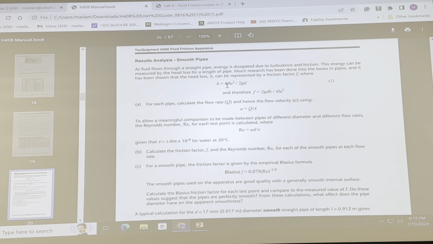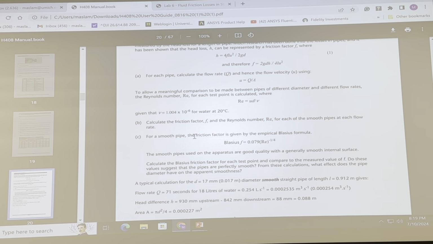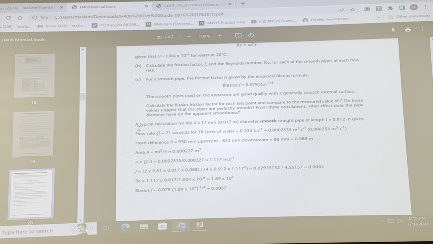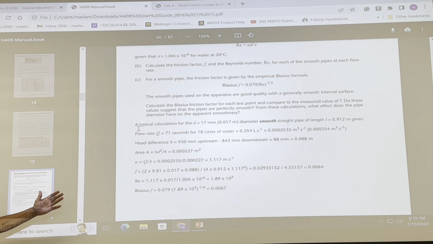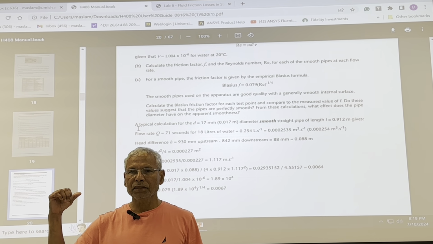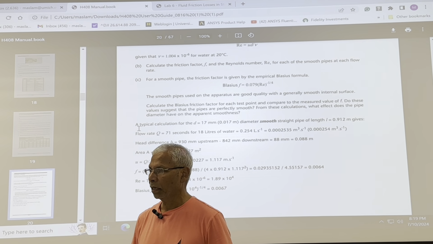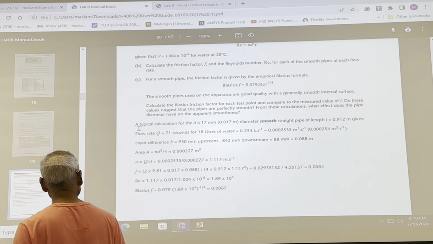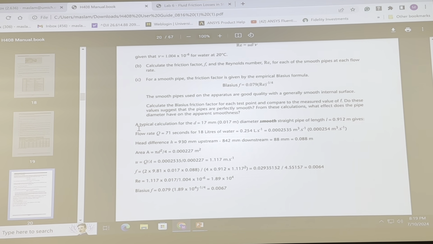Remember, H is equal to 4 f L over D V squared over 2g. It's the same formula I showed you in the theory. Then there is also a typical calculation, which is very important. If you have questions in your mind, you can always go back and see how to calculate all the different variables. So you should probably use that table. That's for the smooth pipes.